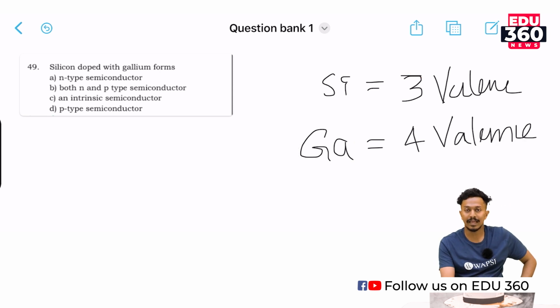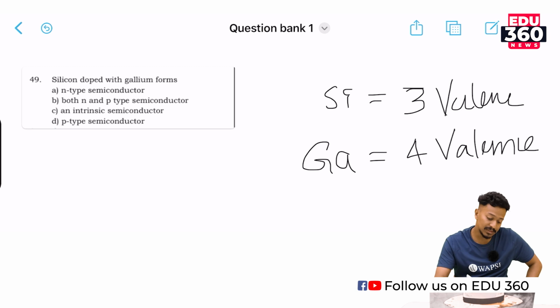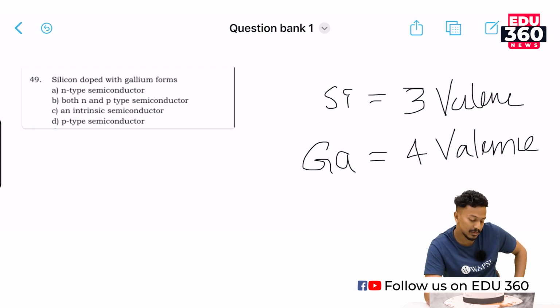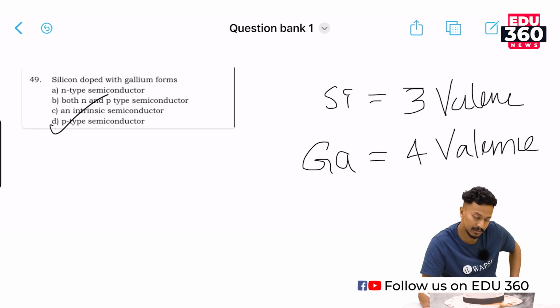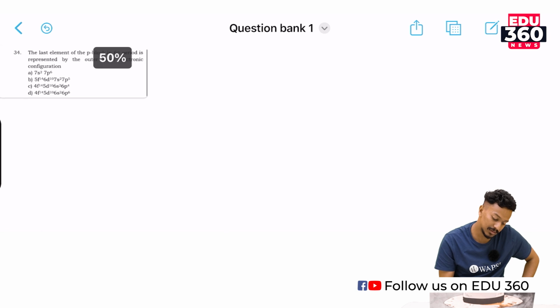So by this we could say that the dopant has fewer valence electrons than the parent. So it is a p-type semiconductor. For the 49th question, silicon doped with gallium would be a p-type semiconductor. Am I right? Yes. We will move on to our next question.